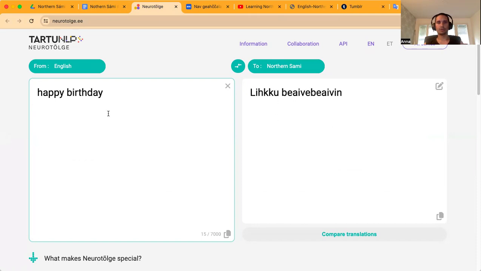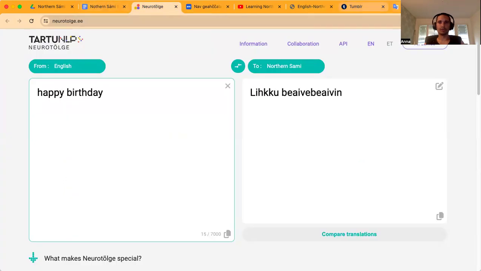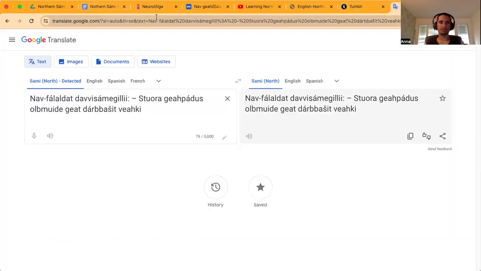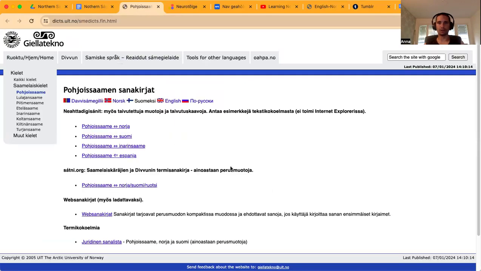So I try these translators and then I write here. Or I just go through the different news articles and I use Neurotölga or now Google Translate to translate the content. And I also used to use this a bit more before finding out Neurotölga.